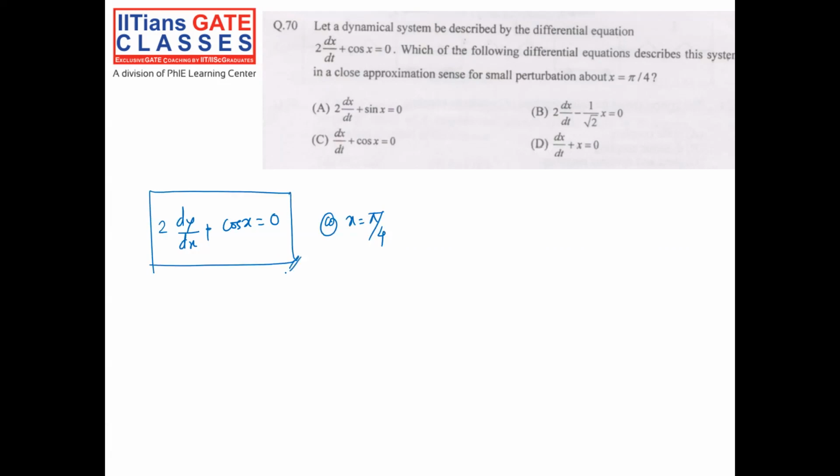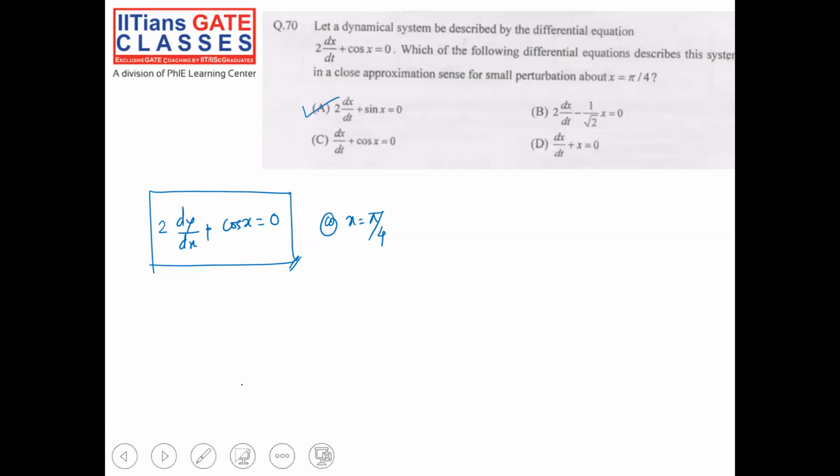And at pi by 4, we know that the cos value and sine value are the same. So looking into the options, we can clearly tell that at x is equal to pi by 4, out of these 4, option A describes the system in a close approximation sense for small perturbation about x is equal to pi by 4. Once you look into x is equal to pi by 4, we will realize that the dynamic system will have both the equations looking similar.